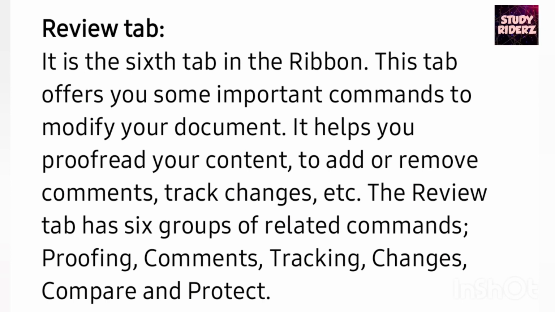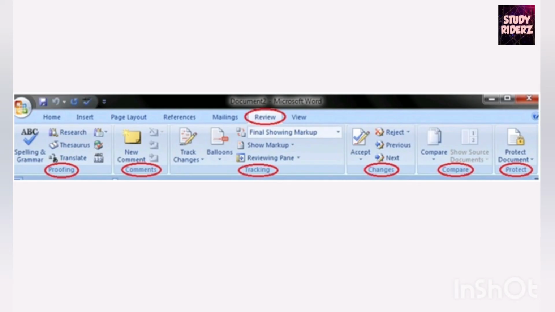The 6 groups are proofing, comments, tracking, changes, compare and protect. So this tab has a special feature, the protection feature. This will protect your file from unauthorized users. So I will show you the image for review tab. This is the image of review tab and its 6 menus.